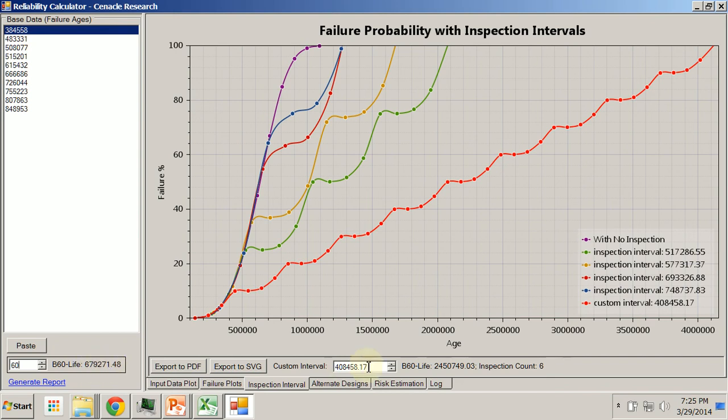On the other hand, with the inspection interval of 408,000 cycles, your B60 life will go up to 2,050,749, that is greater than 679,000.